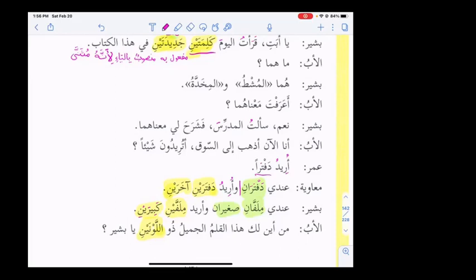I need a notebook, one notebook. Sorry about that, I should say it is one notebook, not two. Uridu daftaran. I need a notebook.